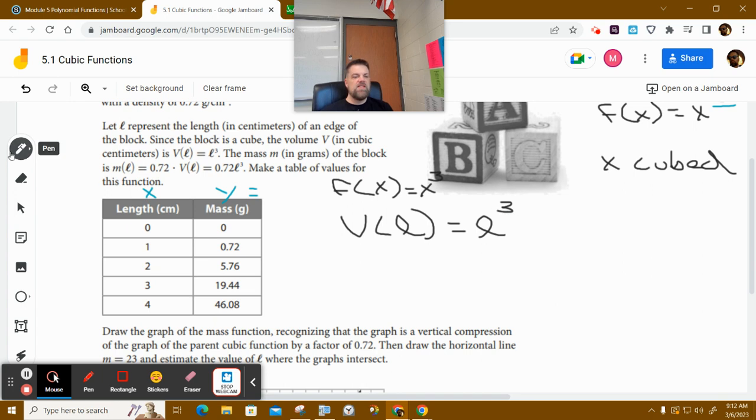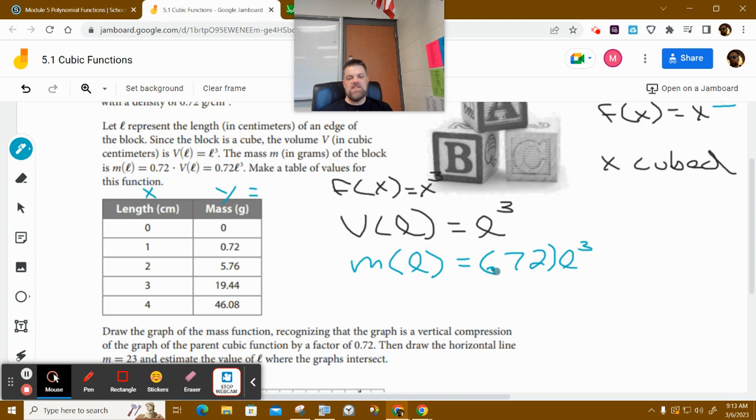Then they're telling us that we have the mass of the block, which is also a function of length, and that's equal to 0.72 times L cubed.